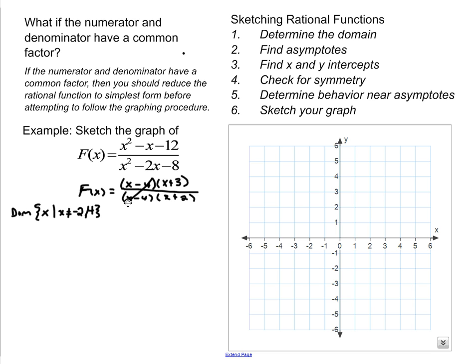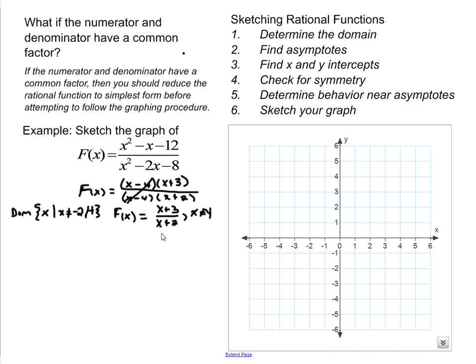But when we reduce this expression and rewrite it, f of x can be written as the equation x plus 3 over x plus 2. But we have to provide, because we've canceled that factor out, for the fact that x cannot equal 4. So we actually write that on the side and make that our stated domain.